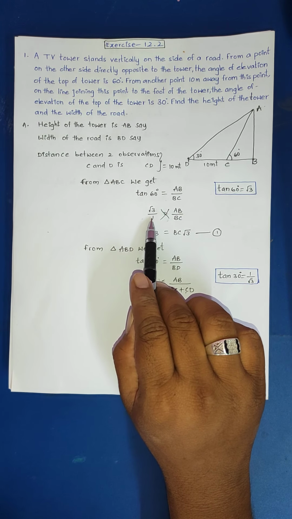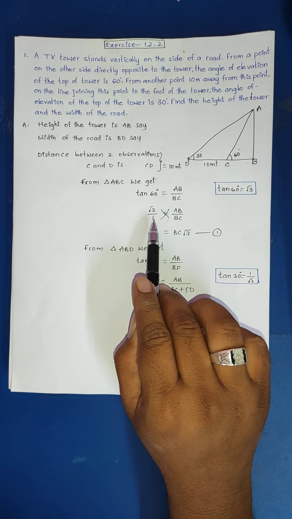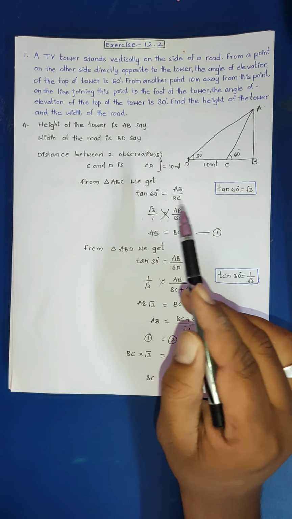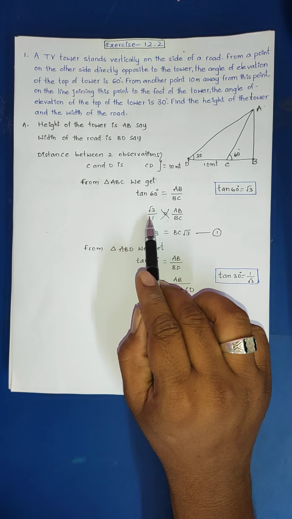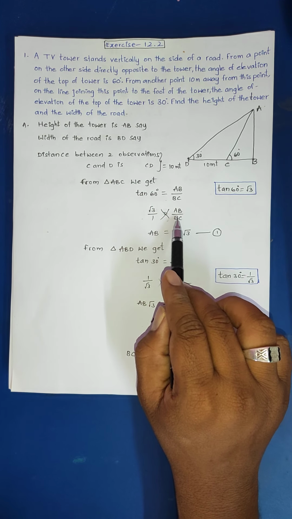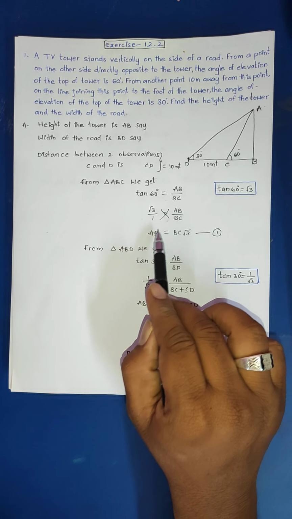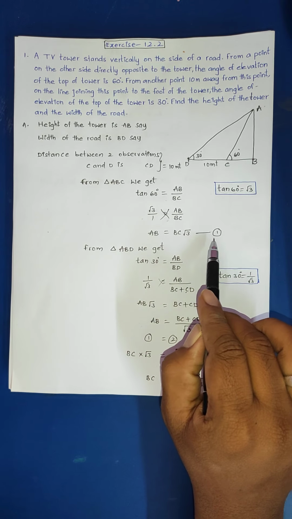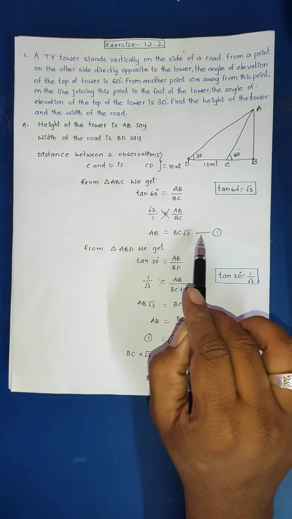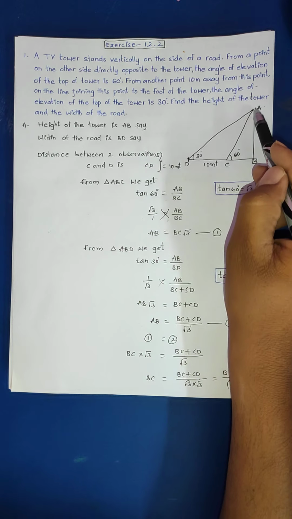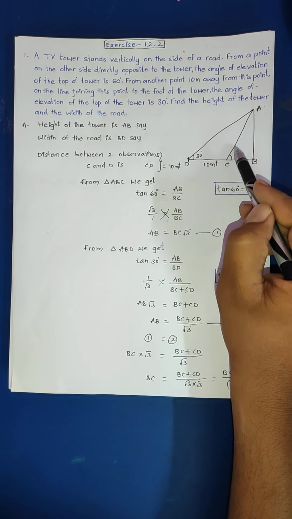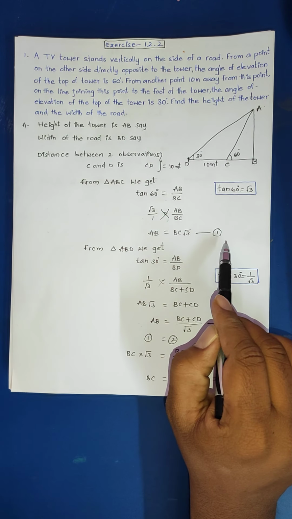Here I have written 1 in the denominator; if you write 1 or not, both are the same. Root 3 by 1 is equal to AB by BC. Cross multiplication: AB is equal to BC root 3. This is the first equation, or first condition. With the help of this first observation triangle, we found one condition.